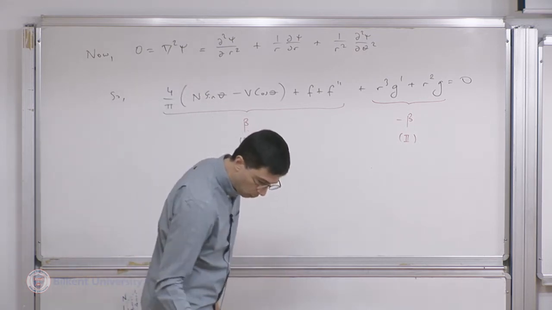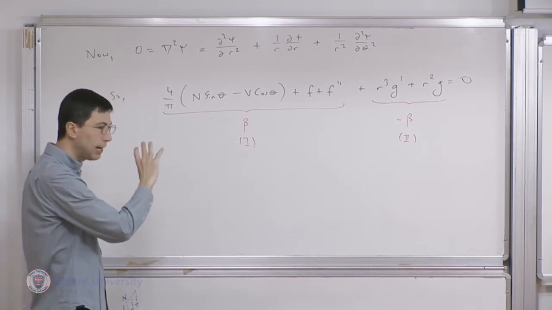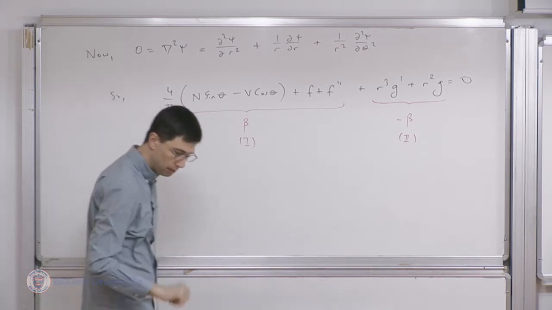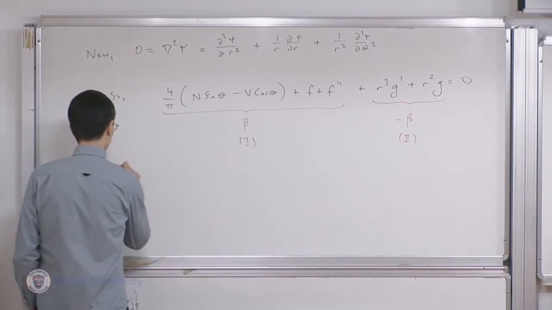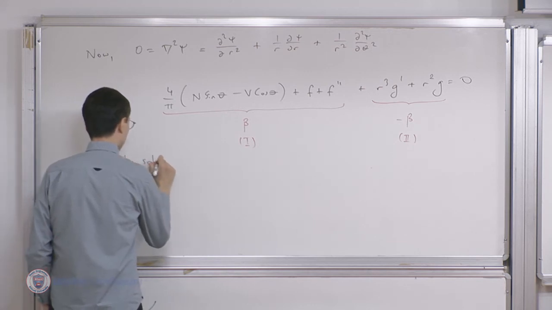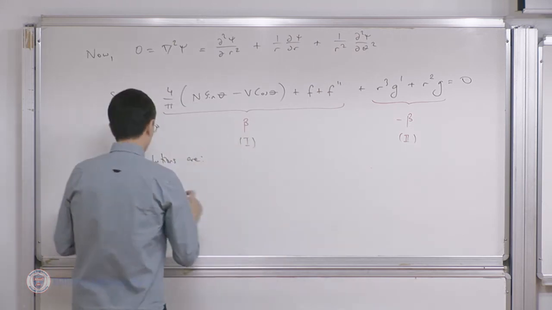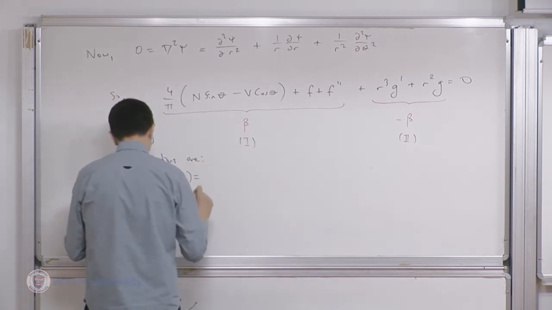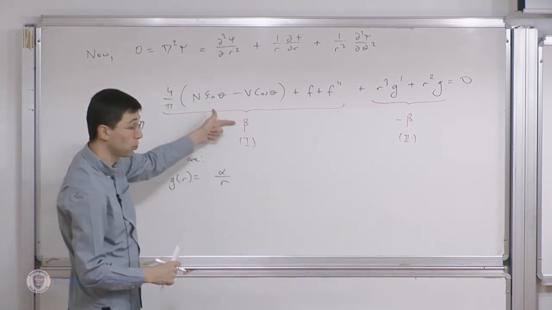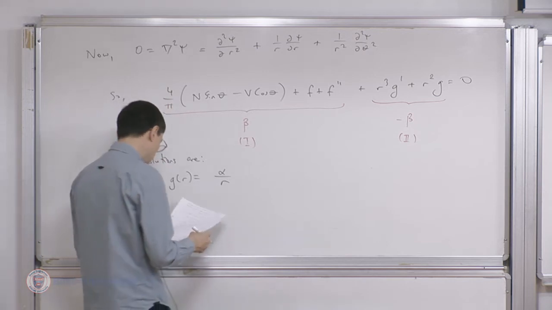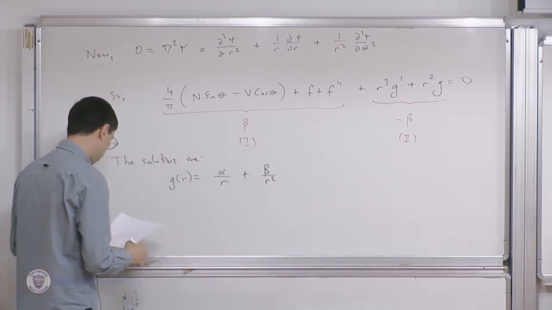I'd like to work out the details of the solution in outline form. First of all, let me tell you what the solutions are. g of r is equal to alpha over r. Alpha is some other constant. Beta is also a constant. I don't know yet what it is. So that's the form of g.